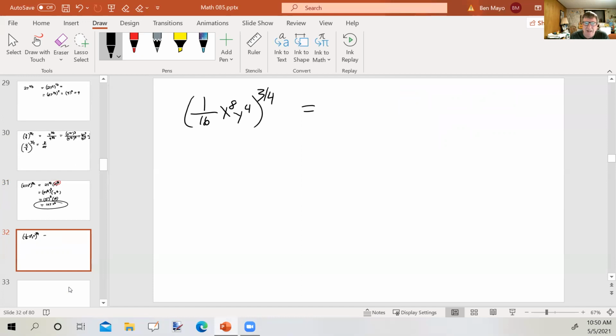So we're going to attach the outside exponent to all the factors of the numerator as well as the denominator inside the parentheses. So I've got 1 to the 3/4 power over 16 to the 3/4 power, x to the 8th to the 3/4 power, y to the 4th to the 3/4 power.